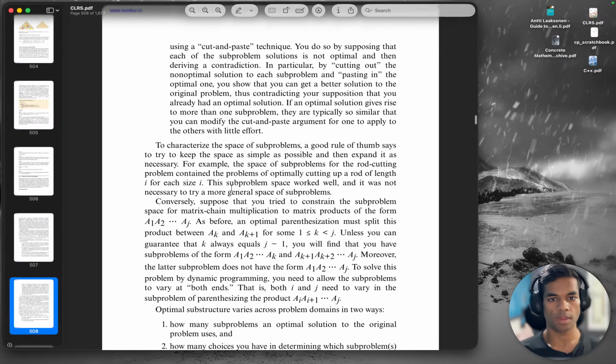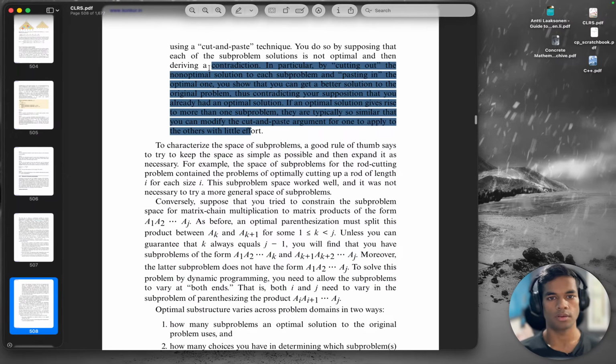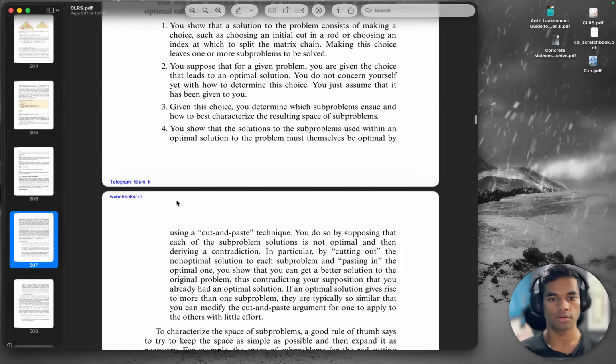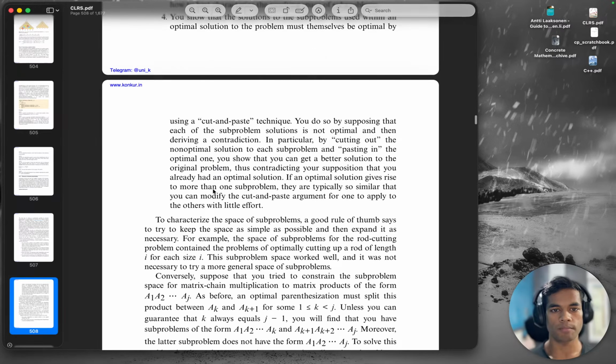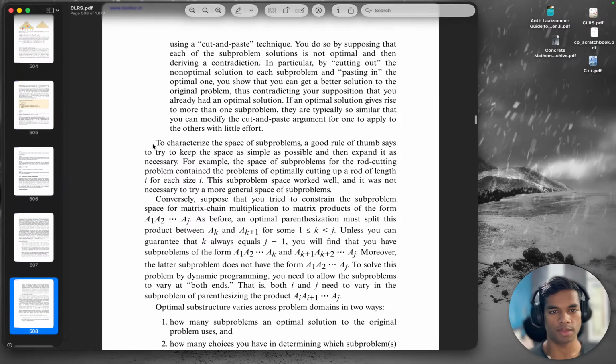Conversely, that is what we do in this part. To characterize the space of subproblems, a good rule of thumb is to try to keep the space as simple as possible and then expand it as necessary.